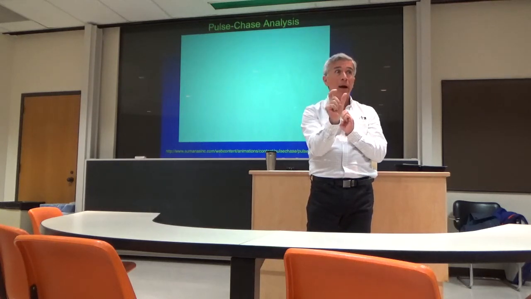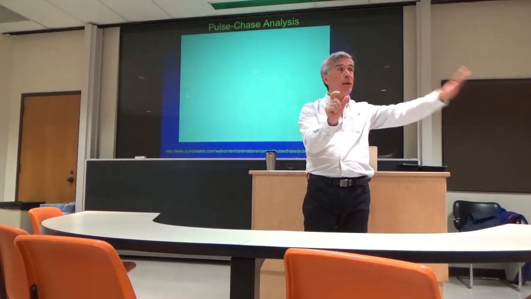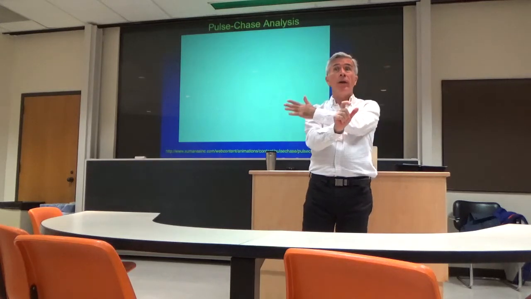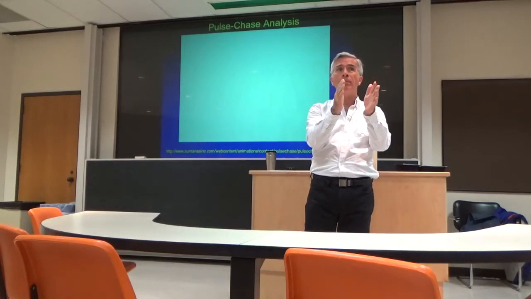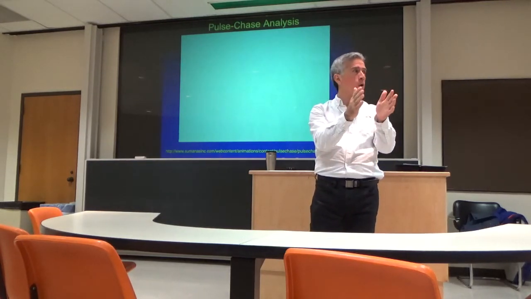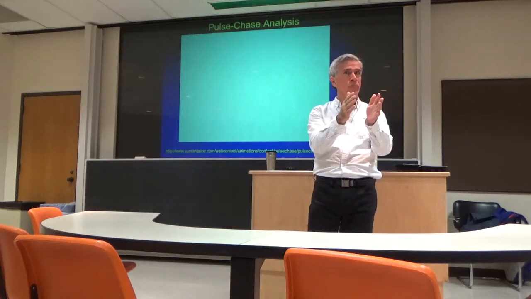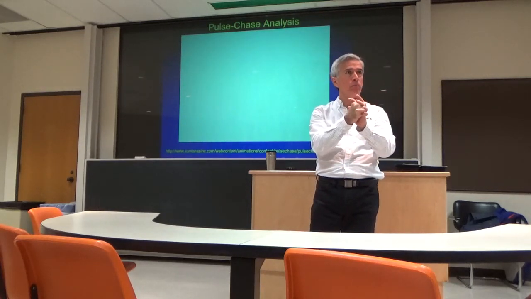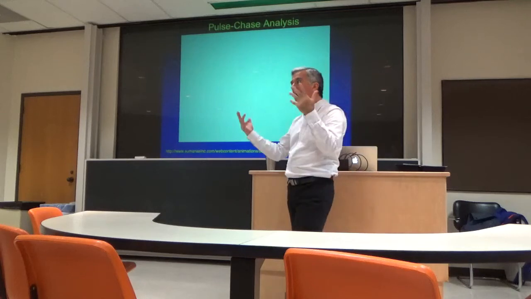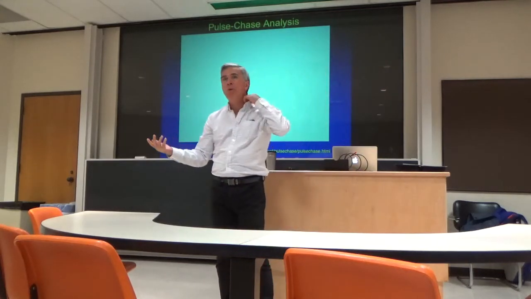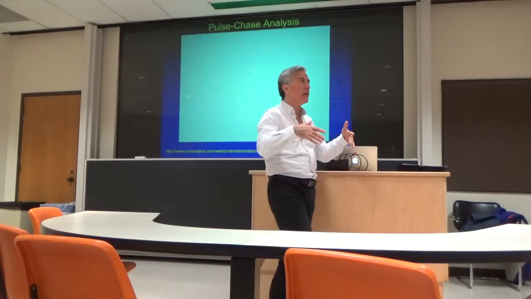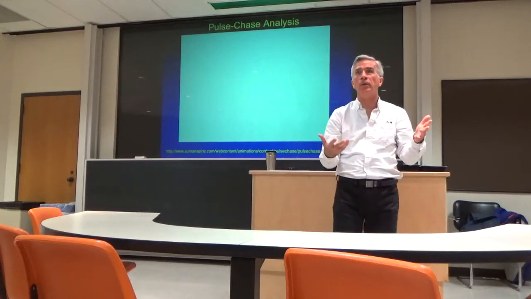And that's really powerful, because now you can forget about who came before, who came after. You can ask, what happens to this cohort of proteins? All right? It would be like if in this university, we wanted to follow what happens to the class of 2022.